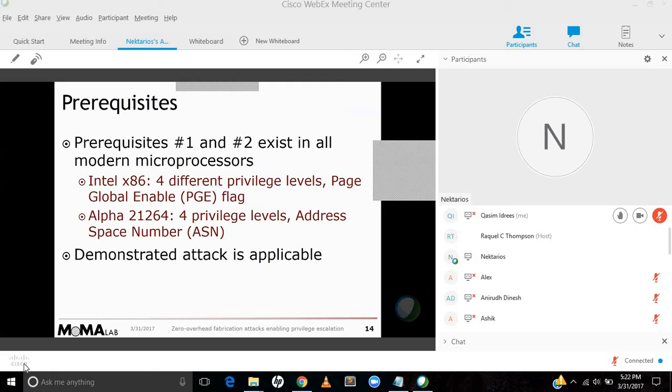There is also the Alpha processor, where we have, again, 4 privilege levels, and we have a longer value called address space number that is used to identify the particular process. So the attacker that I'm going to show you in the next few slides is actually applicable, because real processors have these hardware structures to enable the attack.